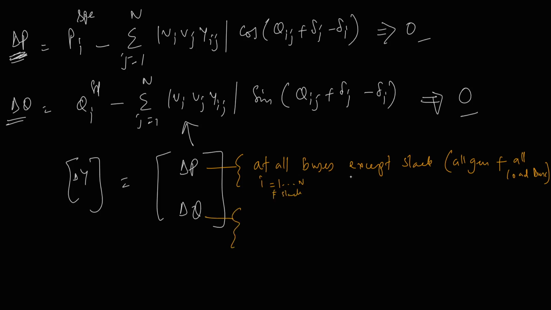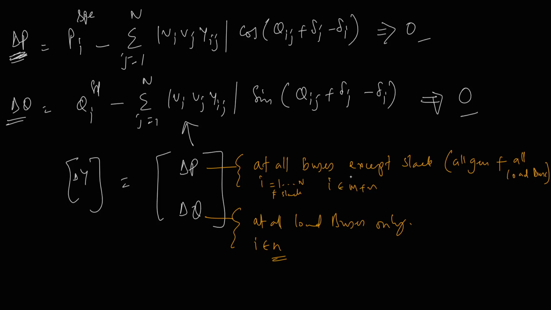And in case of reactive power, mismatches are only at all load buses. Now this is i belongs to n. Here actually i belongs to m plus n, now here i belongs to only n, right?